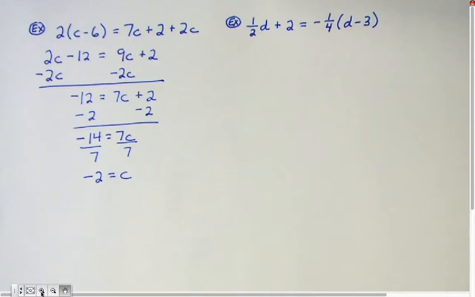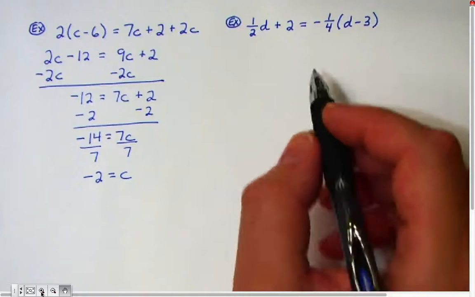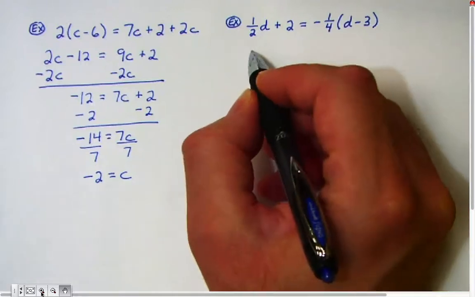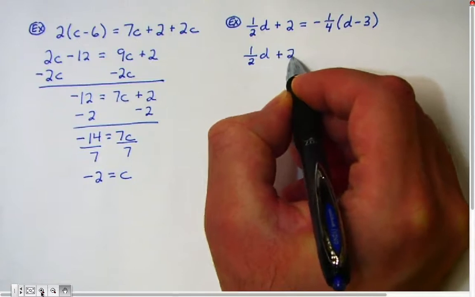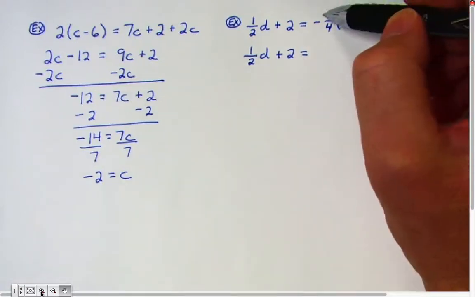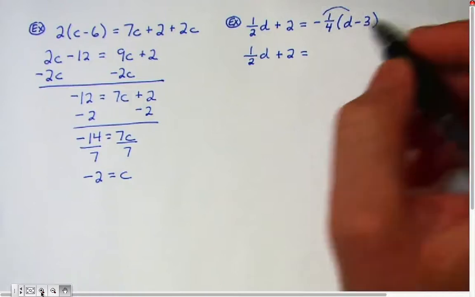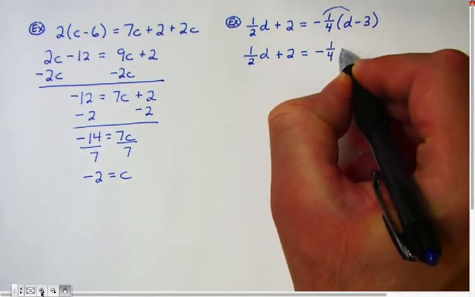In the next example, we have some fractions. We're just going to recopy the 1/2 times d plus 2. And now we're going to distribute. Negative 1/4 times d is negative 1/4 d.